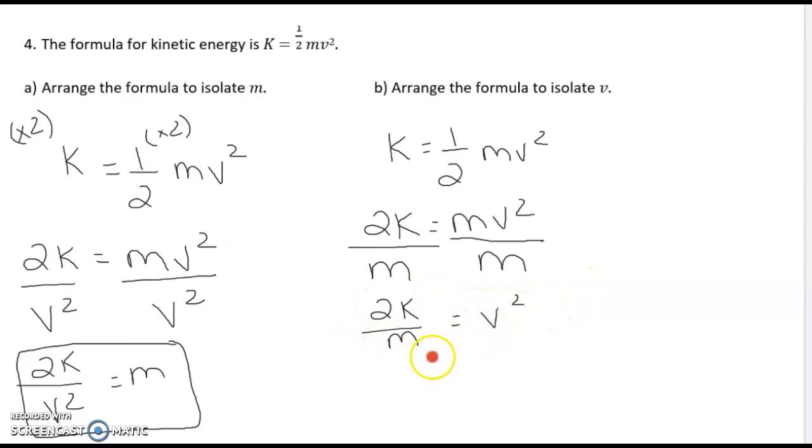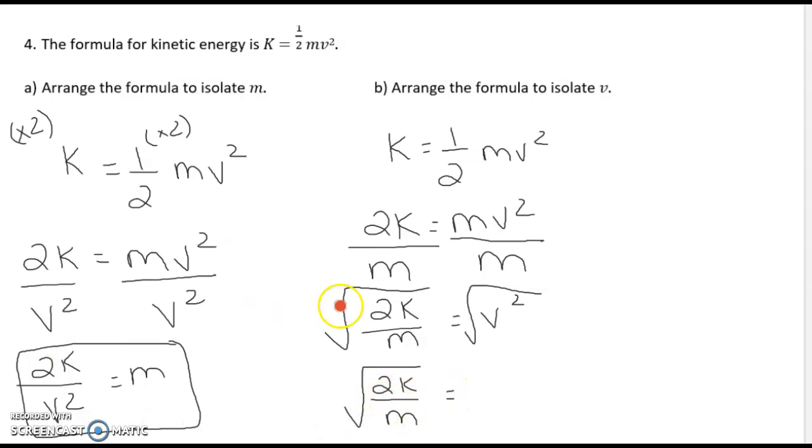So we need to square root both sides. If I do it on one side, I do it to the other side. So we're left with the square root of 2K divided by m. And here, the square root and squared sign cancel each other, so we're left with v. And this is your final answer.